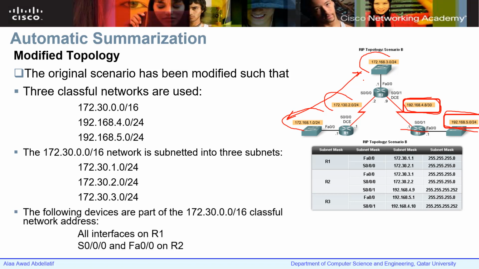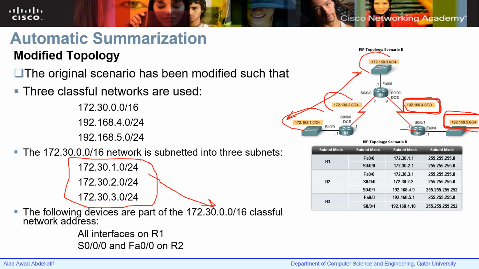So here, all these IPs that belong to 172.30 can be combined or summarized into 172.30.0.0/16. So the three IP addresses here, 172.30.1, 2 and 3, which are classless, can be summarized into one classful IP address.